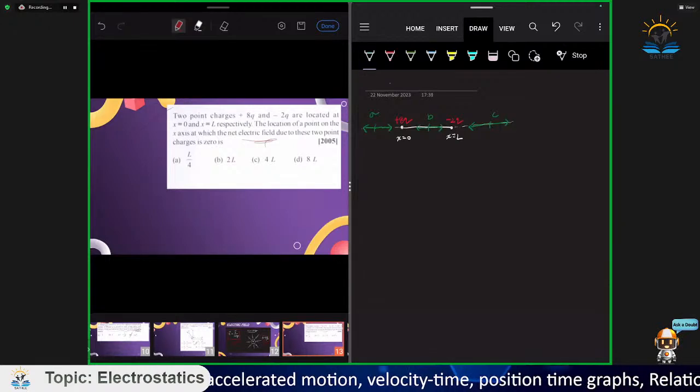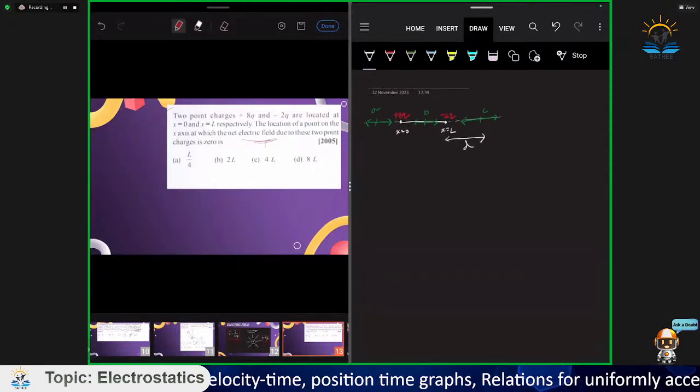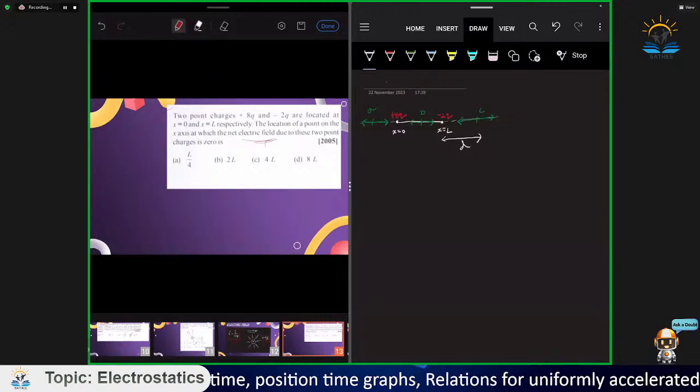Suppose the point C is located at D distance from minus 2q, where the net electric field should be 0.